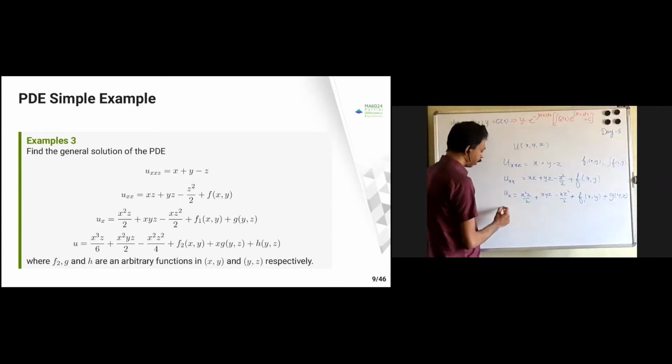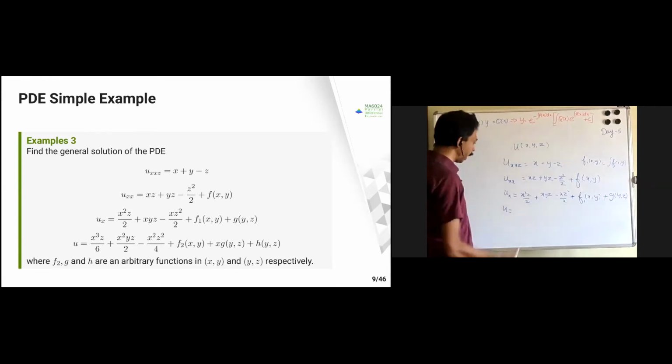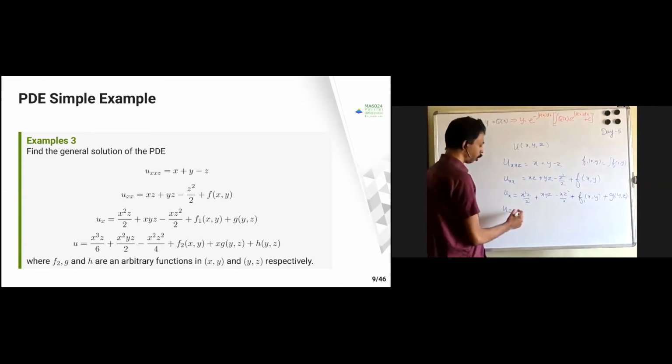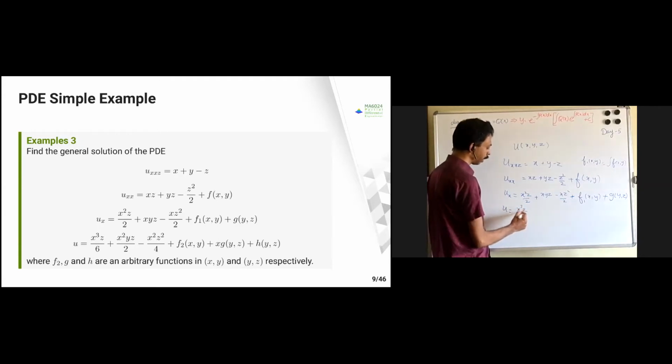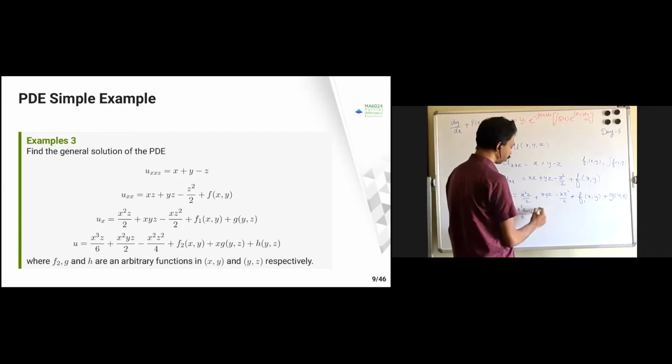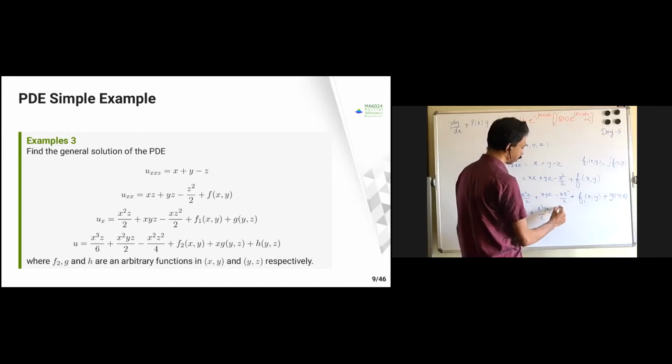Now again u. So again I have to integrate with respect to x. This is going to become x cube z by 6, plus x square y z by 2 minus x square z square by 4.